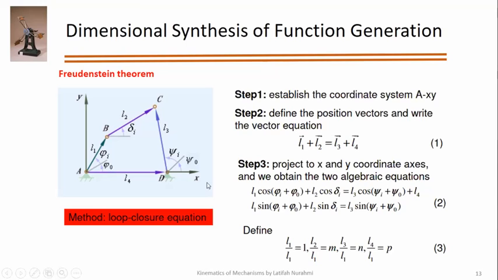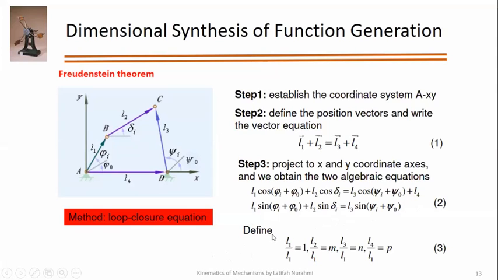Similarly here phi naught plus phi i. Okay, so just based on that you will have this equation of motion. And in the y-axis you can write the same thing: L1 sin(phi 1 plus phi i plus phi naught) plus L2 sin delta i equals L3 sin(psi i plus psi naught), right?